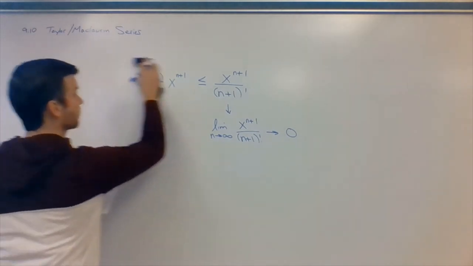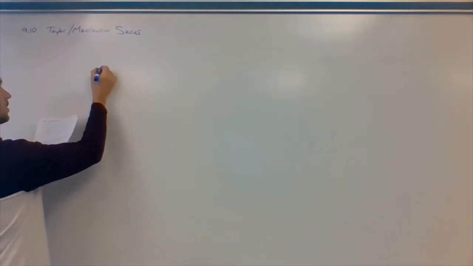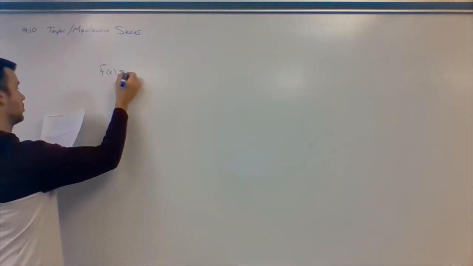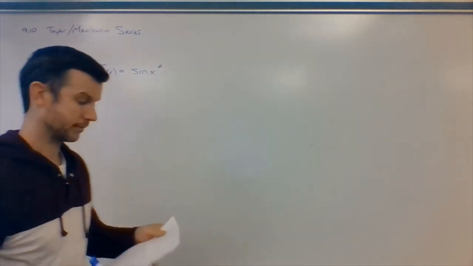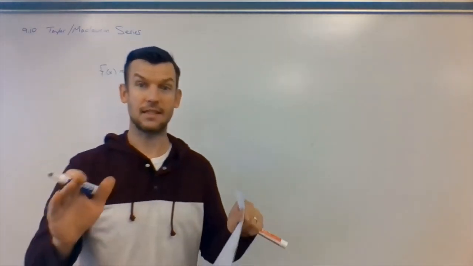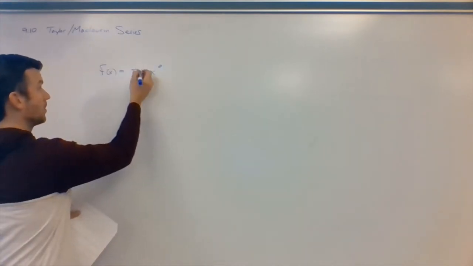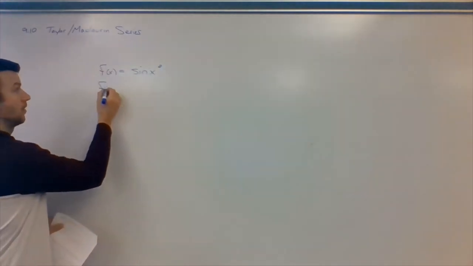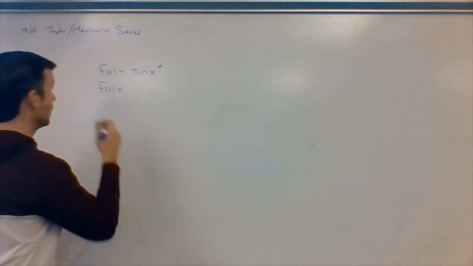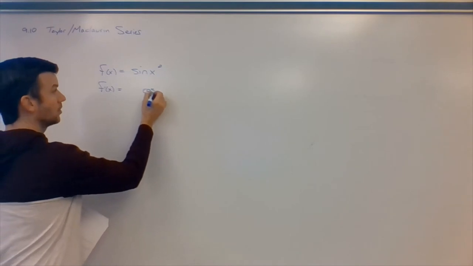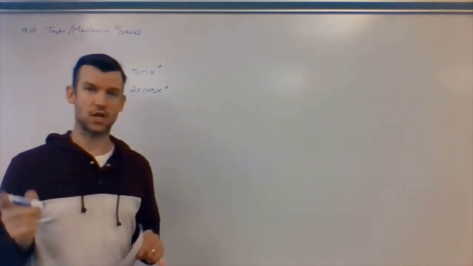So, this problem says, find the Maclaurin series for the function sine of x squared, okay? If I didn't have what I'm going to use today, to create a Maclaurin series, I would have to find the first derivative. It's a Maclaurin, it's centered at 0, right? The first derivative would be cosine of x squared times 2x, because of the chain rule.